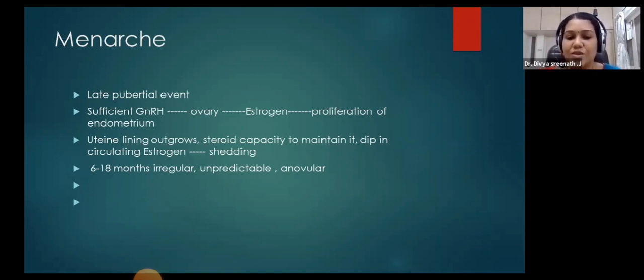When this endometrial lining outgrows, and after that a sudden dip of the estrogen level causes menstruation, or the menarche starts, there will be shedding. But it takes almost 1.5 to 2 years for the menstruation to become cyclic or ovulatory. Then only the ovulatory cycle will occur.